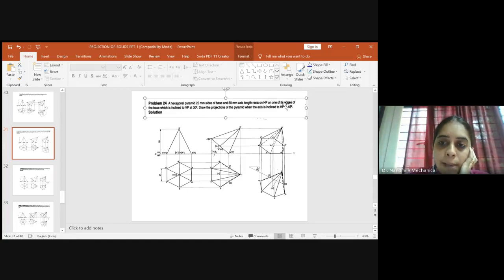So it is the same edge which was resting on HP also, right? The same edge which was resting on HP has to be inclined to our VP. Since the true length in both cases is the same, we won't determine the apparent angle.